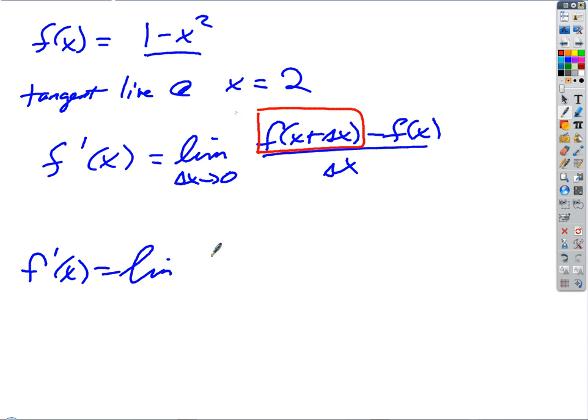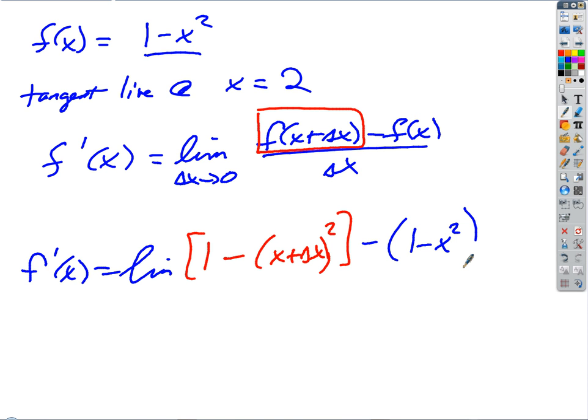So we get 1 minus h squared, minus f of x, which we already know is just the quantity 1 minus x squared, all divided by delta x, as delta x goes to 0.